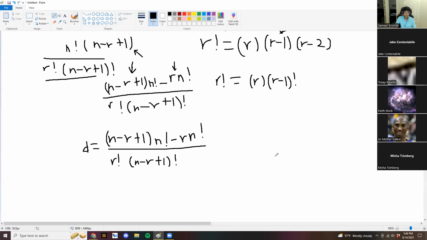So yeah, this is our equation. Now D is also equal to, no wait. Oh yeah, n choose r plus 1 is, wait, no, I got this wrong. n choose r minus n choose r plus 1 is also equal to D, right?